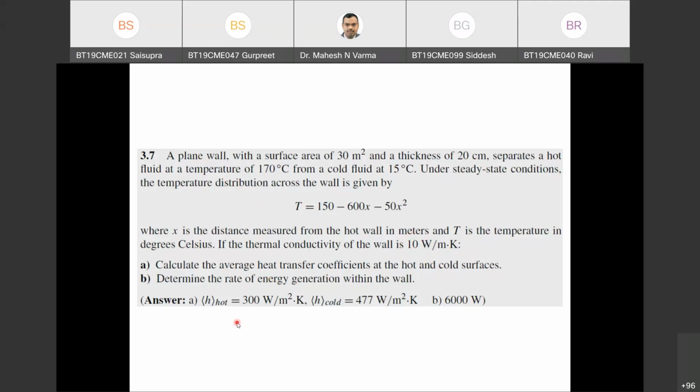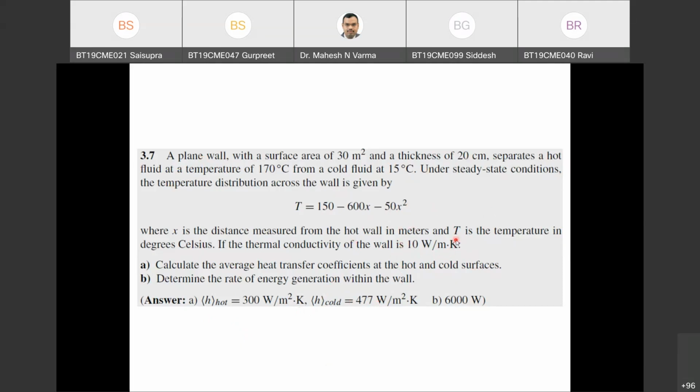With the same wall and same fluid you can get a different heat transfer coefficient on the hot side and on the cold side. But thermal conductivity at x equals 0 is 10 watt per meter Kelvin, and at x equals 20 centimeter it is also 10 watt per meter Kelvin.